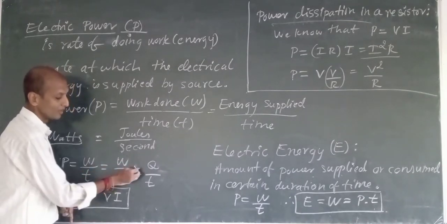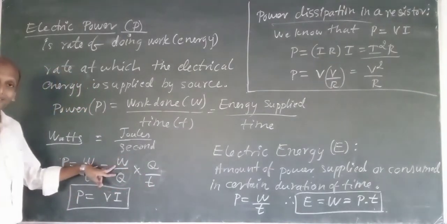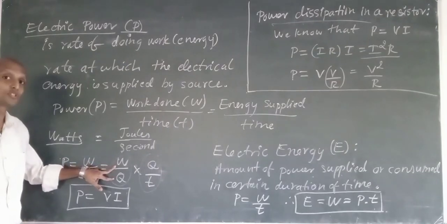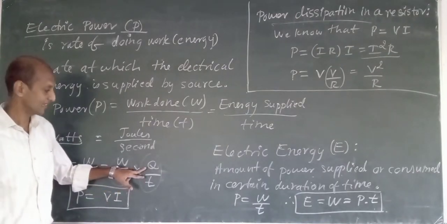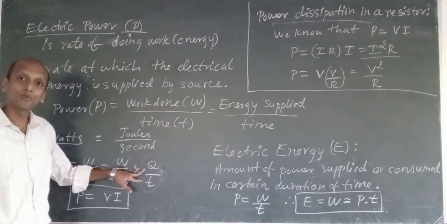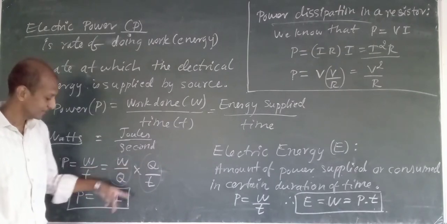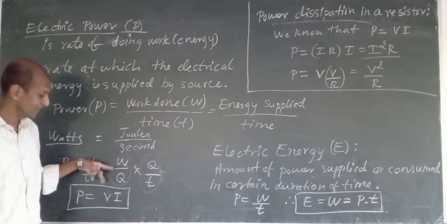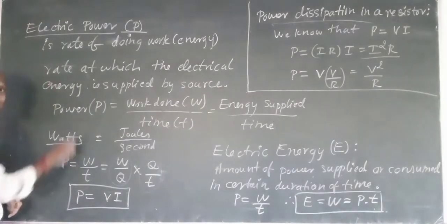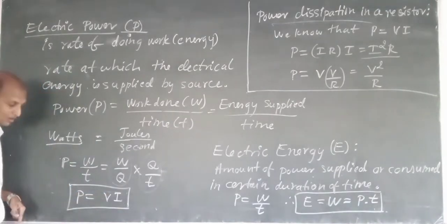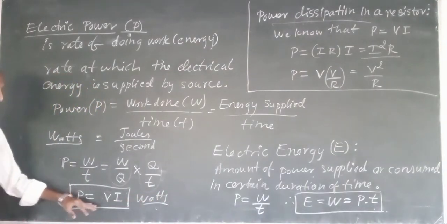Taking these two terms separately: the work done in moving so much charge is nothing but the voltage, and the rate of flow of charge, the amount of charge moving in so much time, is nothing but the current. So the electrical power is P equals V into I, in watts.